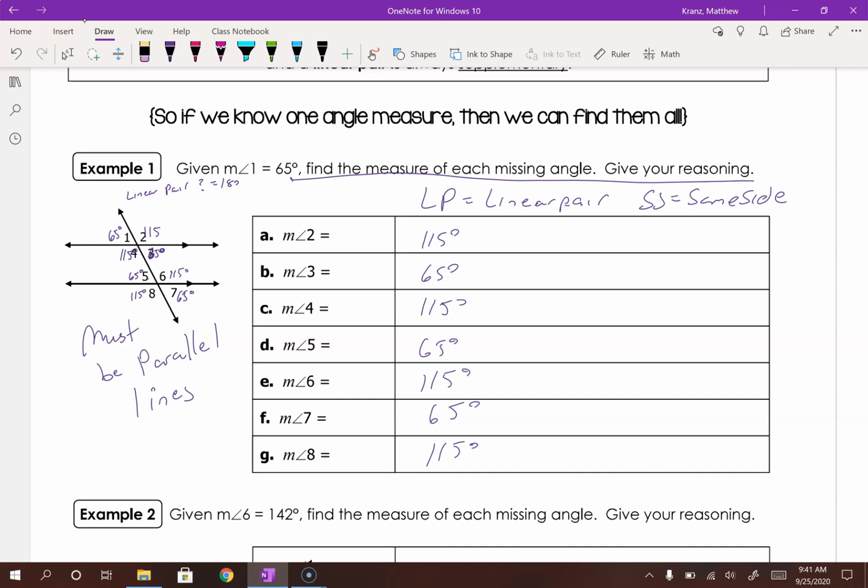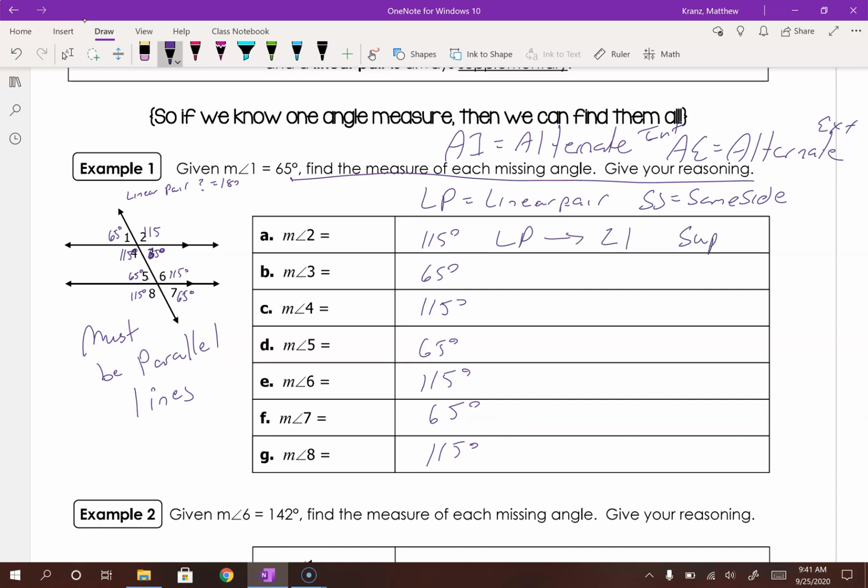Consecutive interior, same side, excuse me. Alternate interior. And alternate exterior. Interior, exterior.